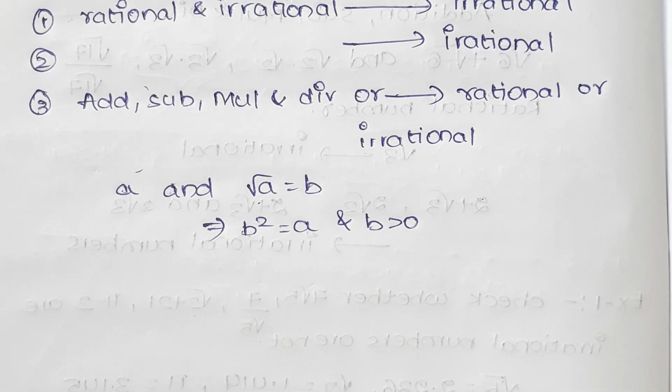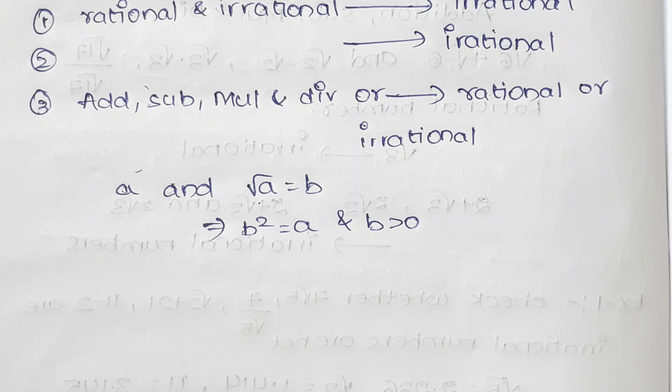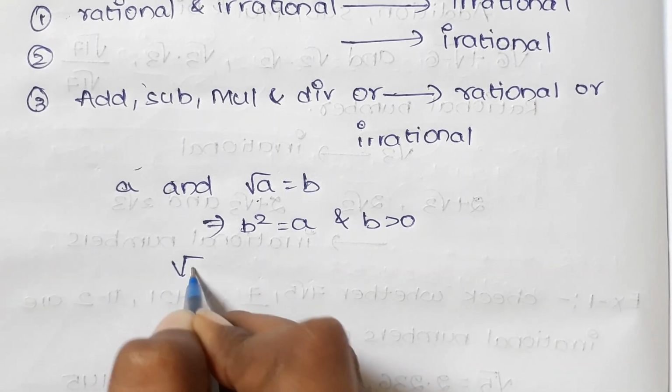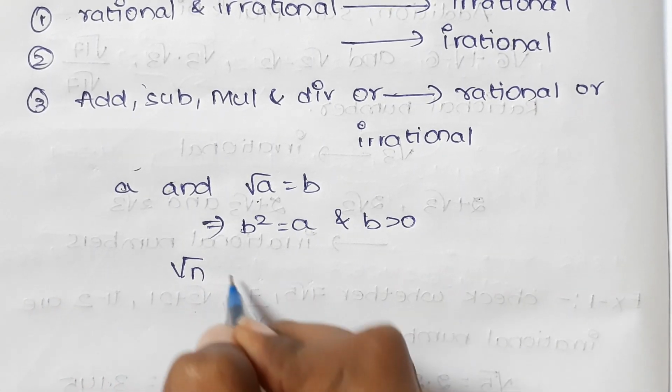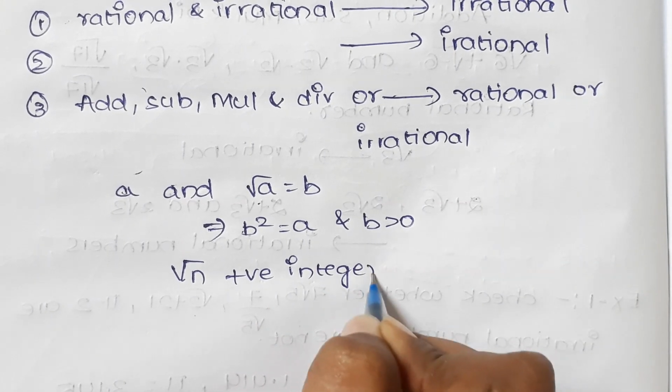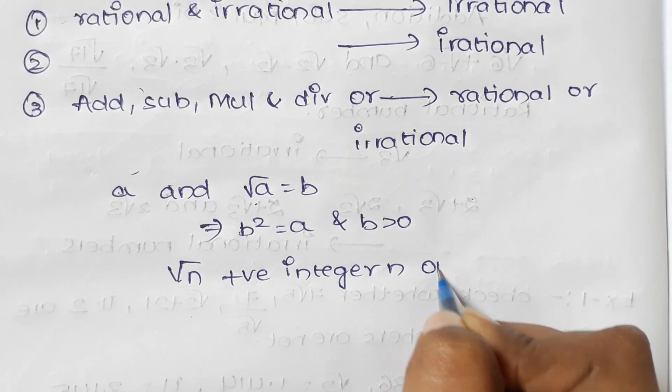Similarly, the definition will be extended for positive real numbers also. Already in exercise 1.2 we have seen how to represent root n for any positive integer n on the number line.